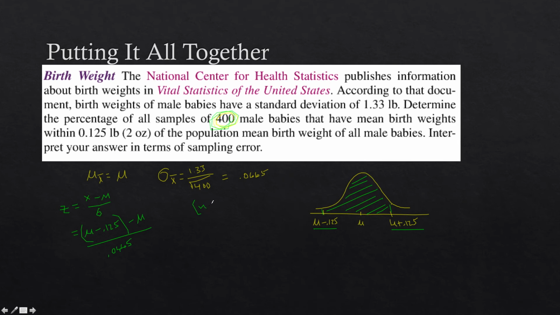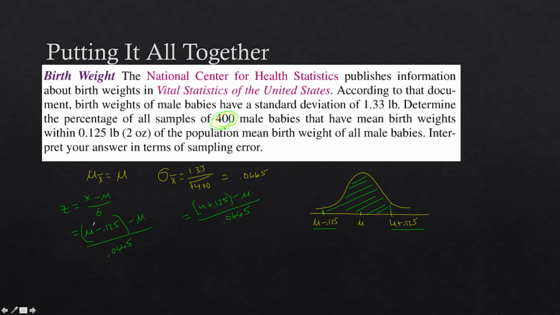Our other z-score will be mu plus 0.125, minus the population mean, all over the sample standard deviation. So here, these would be our two z-scores.